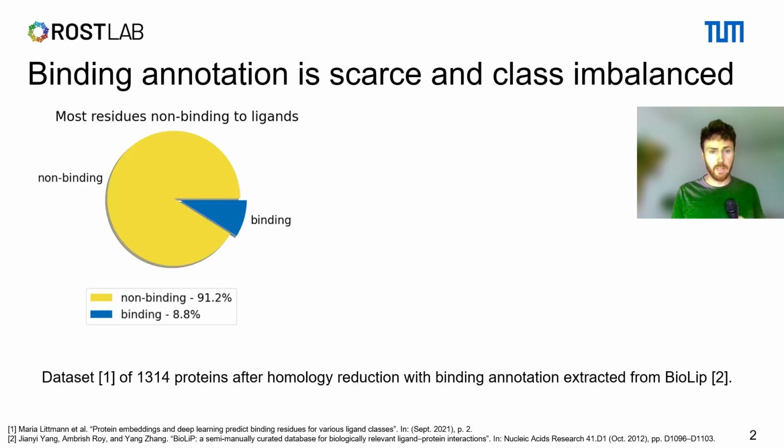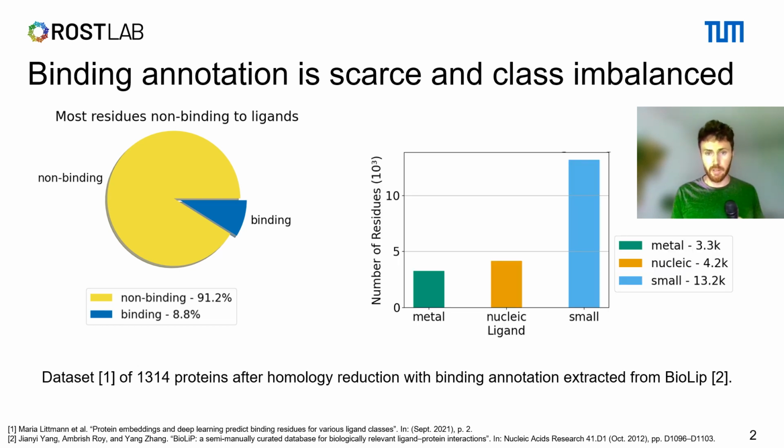Within those sequences, less than 10% of the residues are actually annotated as binding. And that is further subdivided into three classes of ligand partners: metal ions, nucleic acids, and small molecules. Samples for small molecule binding are far more abundant than for the other classes, which gives us an imbalanced dataset to deal with.